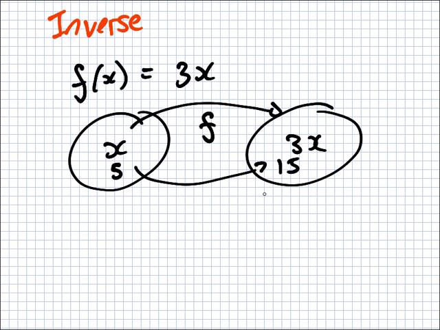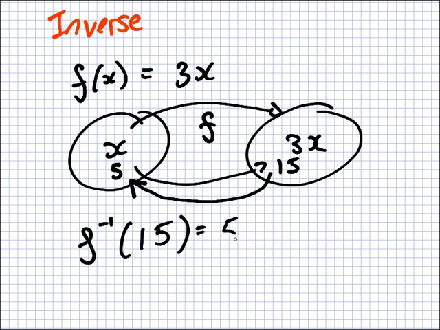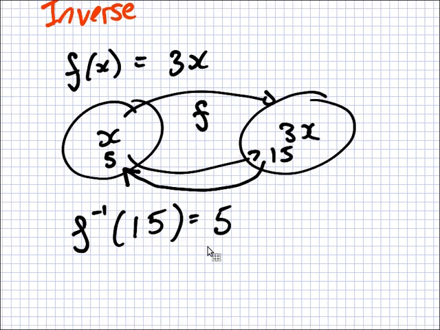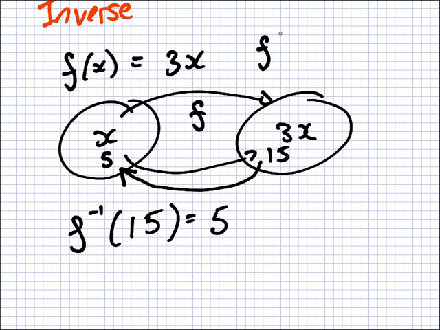What we would like is a function to go backwards, so that if you put 15 in, your answer is 5. So what function would do that? x over 3. If you have x over 3, then you go backwards.